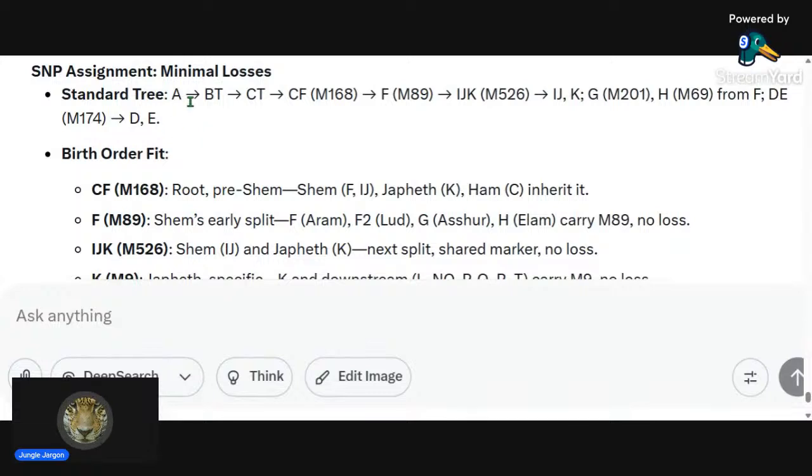Okay, standard trees: A, B to F, to IJ to K. That's a standard tree.